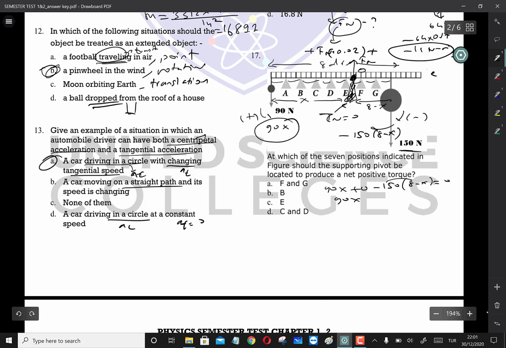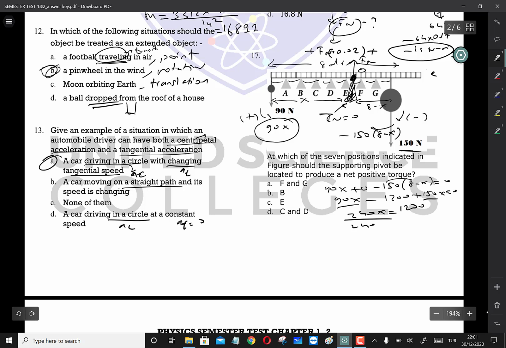90x. So this multiplication is negative 1200. Negative times negative becomes positive 150x. When we add them, it becomes 240x is equal to 1200.